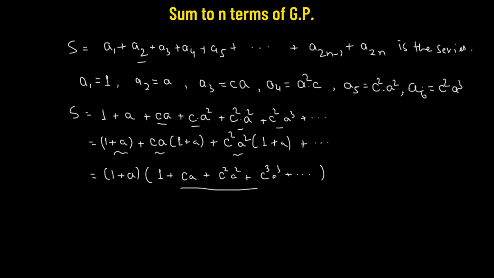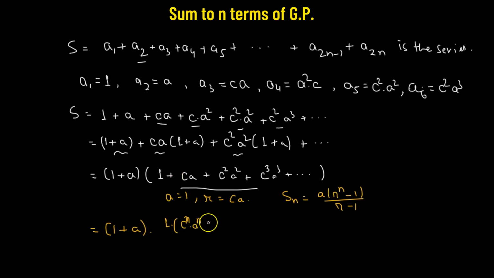Now this is clearly a geometric series. Here the first term is 1, and the common ratio is c times a. So we can use the sum formula, which is given by a times r raised to the power of n minus 1 divided by r minus 1. That means our sum is going to be equal to 1 plus a multiplied to the first term 1 times c raised to the power of n times a raised to the power of n minus 1, divided by r minus 1, so ca minus 1.